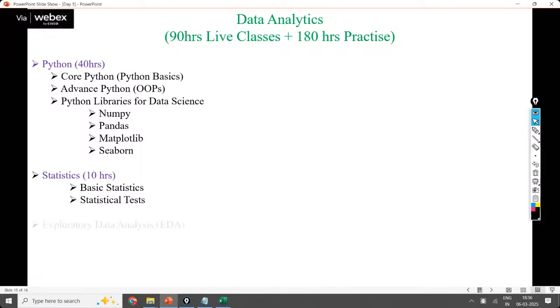And similarly, SQL. SQL also we are going to learn, which is related to data science, because I'm not a SQL developer. I should know how to extract the data from the database. If I know that, it is sufficient. After that, everything will be done with the other tool.